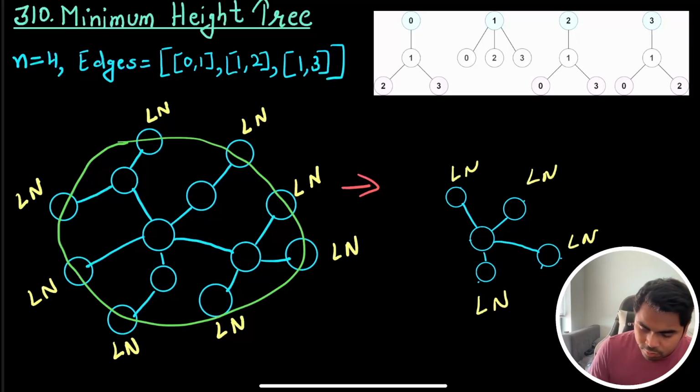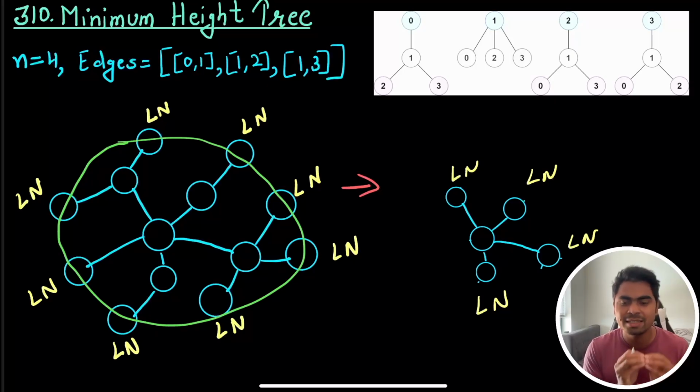So let's say I choose any of these leaf nodes as my root, so what would be the height? We've already discussed that we are not trying to choose the leaf nodes because these are the furthest away from the other nodes in that tree. So this gives me the height of 2.